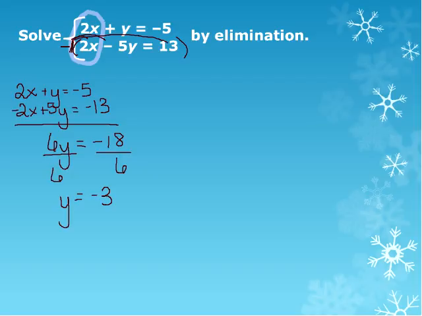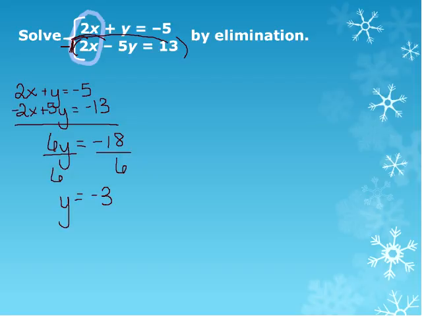Okay. Now that we've gotten that hard part out of the way, the rest of our process is identical to what we did before. So now let's substitute back into one of our original equations. I usually recommend substituting into the one you didn't change, but that's not always an option and it doesn't really matter.